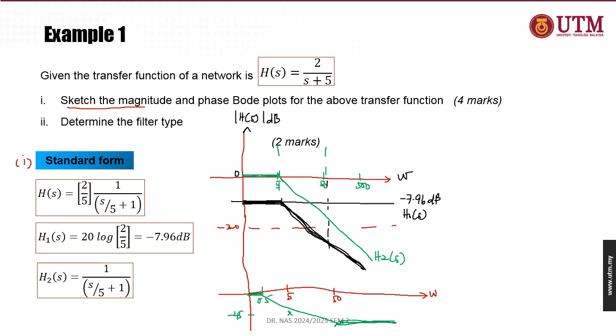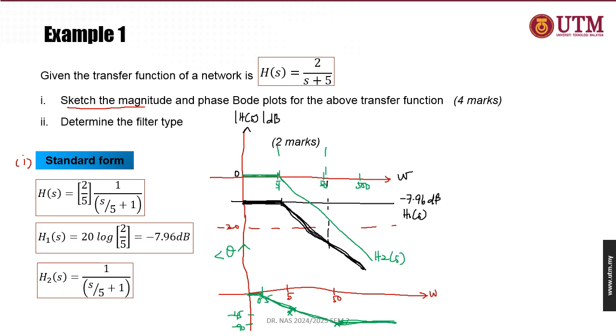Okay, it's negative 45 degrees, and negative 90 at the next decade. So this is your phase plot.